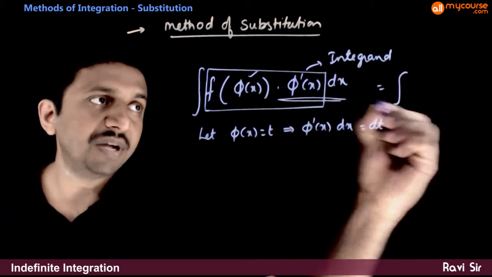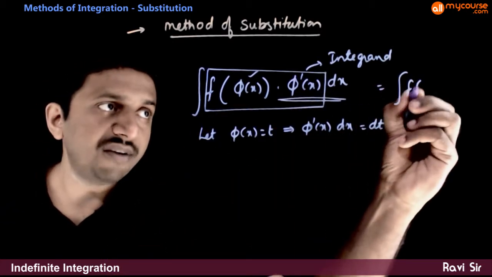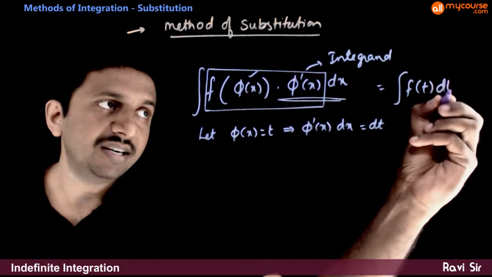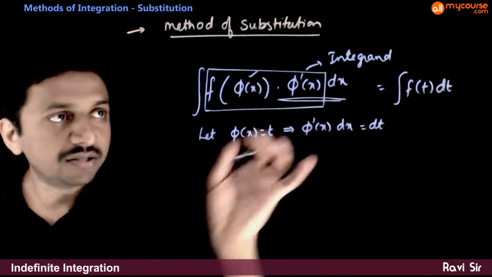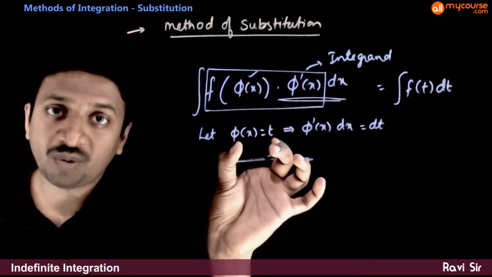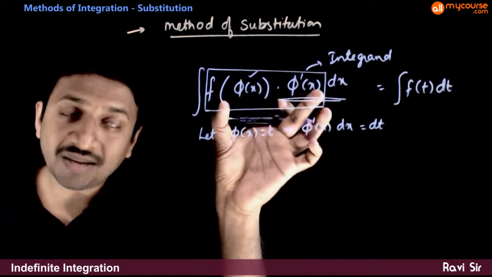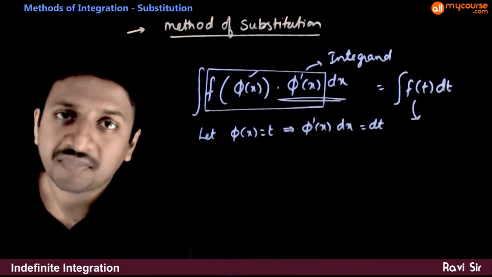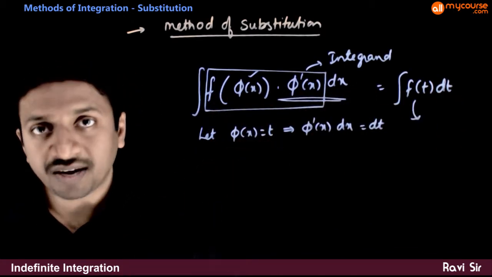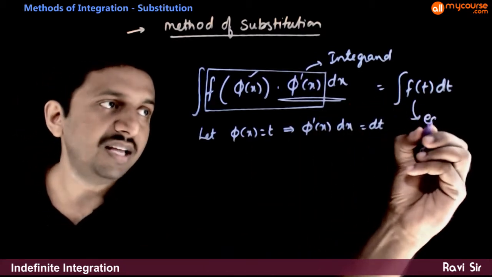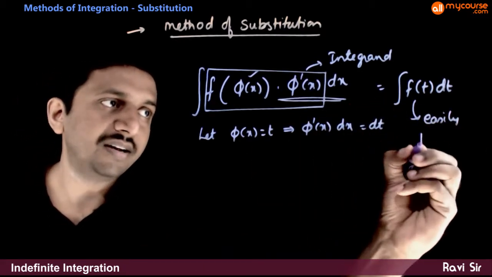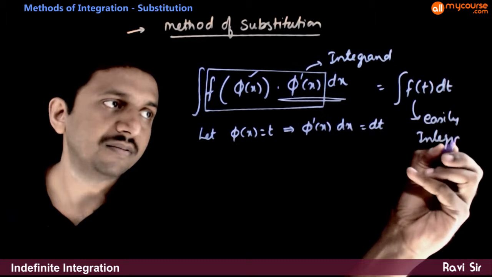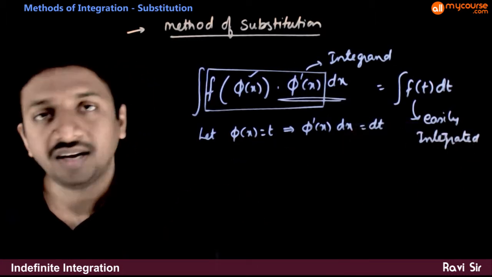So this integration becomes integration of f of t dt. So this substitution phi of x is equal to t usually simplifies the integrand, and after the integrand is simplified, this can be easily integrated.